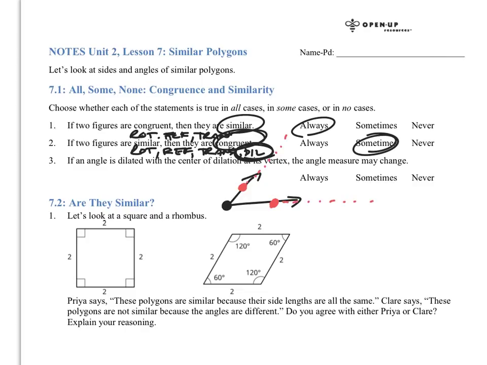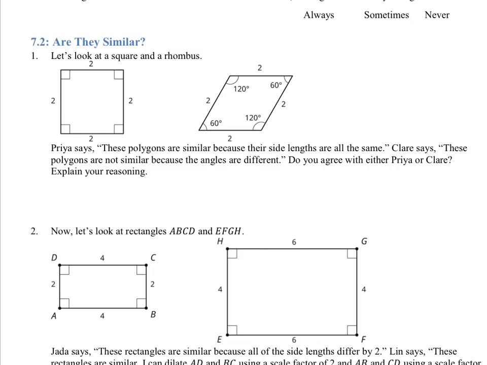That's never going to change the angle. Let's say this is a 30-degree angle. Just changing the length of the sides of the angle is not going to change its size. So the angle measure will never change, and this is going to be a never answer. After you feel comfortable with those three statements, let's look at the 7.2 activity.